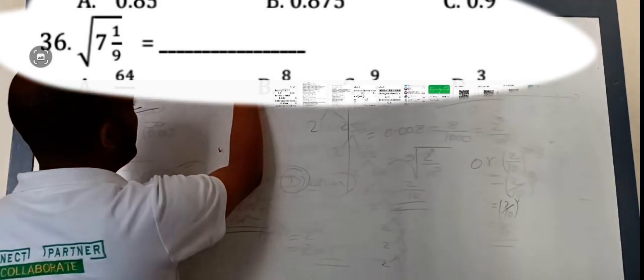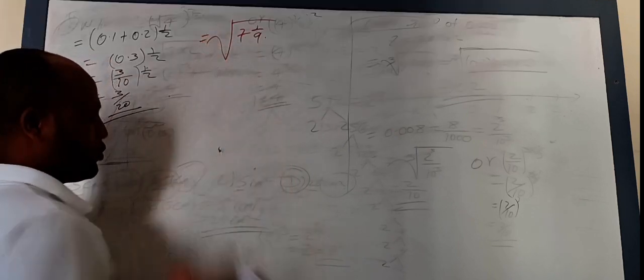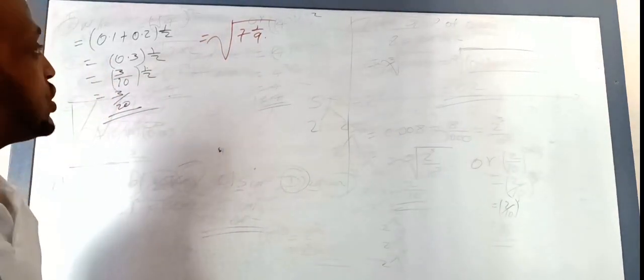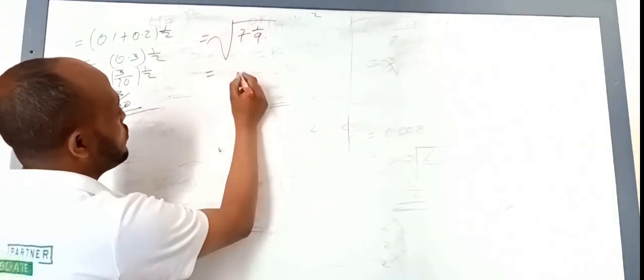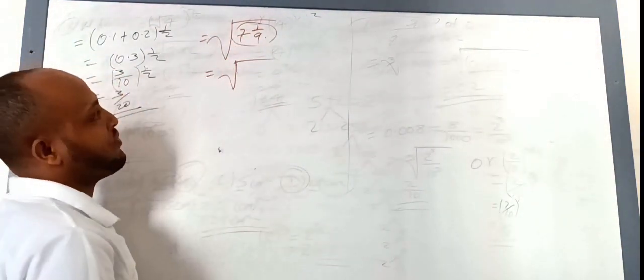The square root of the square root of 7 and 1 over 9, right? So to find this, we're going to make this number into an improper fraction.